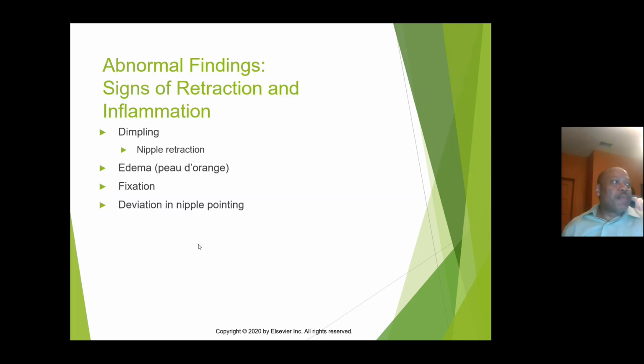Now, these are some of the abnormal findings as far as retraction and inflammation of the breast. Take a look at page 398, and I want you to look up those definitions of dimpling, also known as nipple retraction. There's also edema, what we call peau d'orange, another important term for you to take a look at and understand.